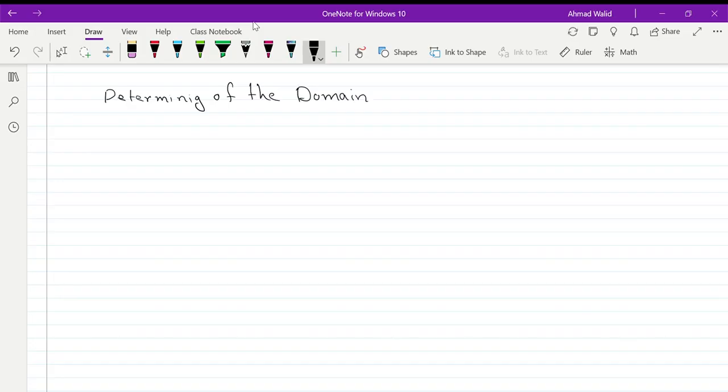Let's erase this off. I don't like it. Determining the domain of the function.